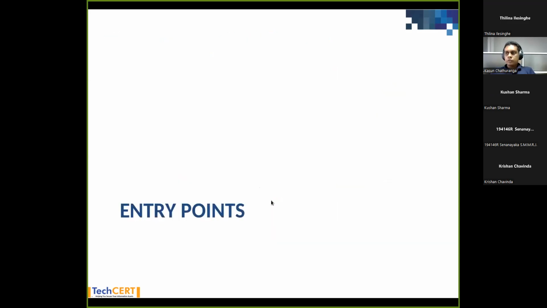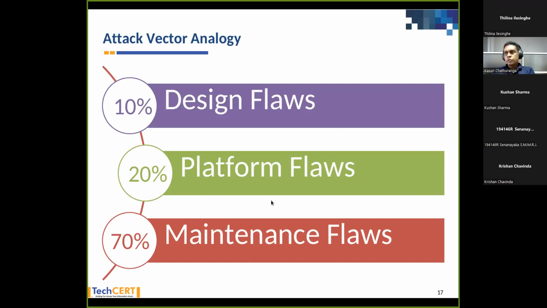So if we analyze the entry points, these are the three attack vectors which basically affect the website. First is design flaws. The second is platform flaws.